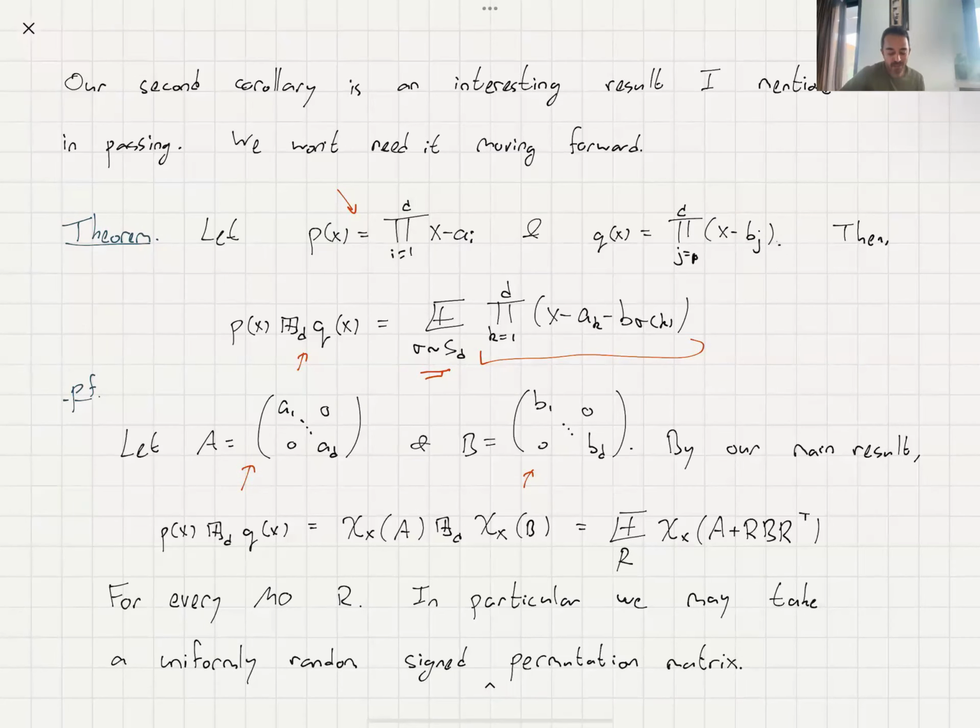And by our main result, we know that the additive free convolution, the one corresponding to the characteristic polynomial of these matrices, is equal to this expectation for any distribution R which is minor orthogonal. You can take any minor orthogonal distribution that you want. In particular, we're just going to take the other distribution that we know of, namely sign permutation matrices.